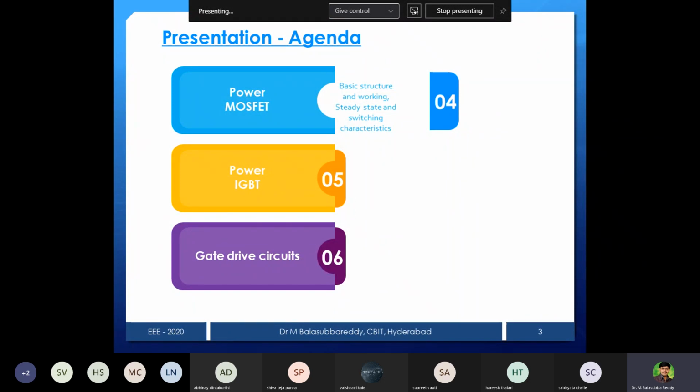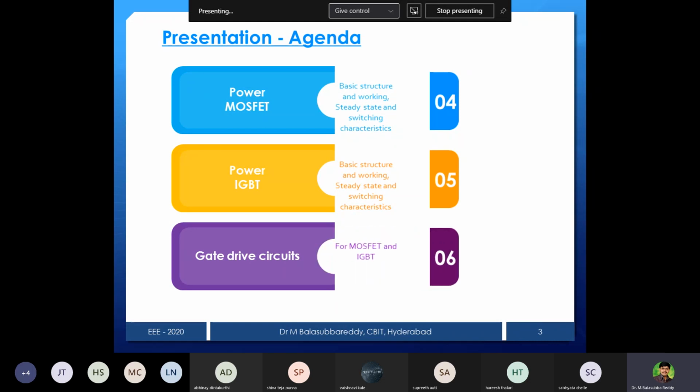And power IGBT, which combines the advantages of BJT and MOSFET. There are individual drawbacks in both devices, BJT and MOSFET, and we consider only the advantage portion that we make use of in that device, which becomes the IGBT, insulated gate bipolar transistor.